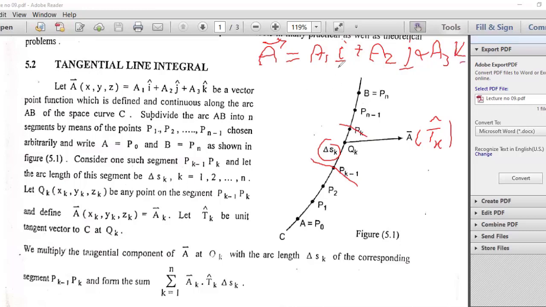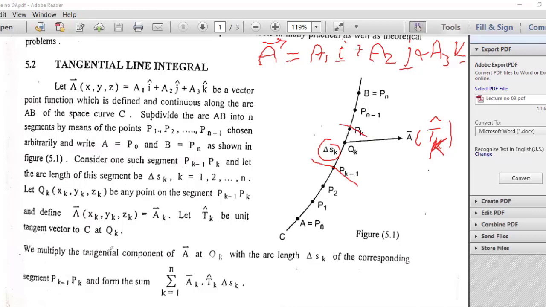Here in general we use vector A and its unit tangent vector Tk, where k is written in the subscript of T. Let Tk be the unit tangent vector to C at Qk.